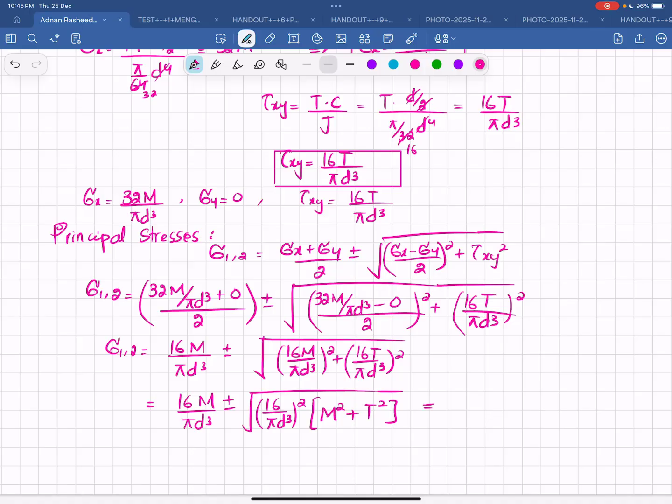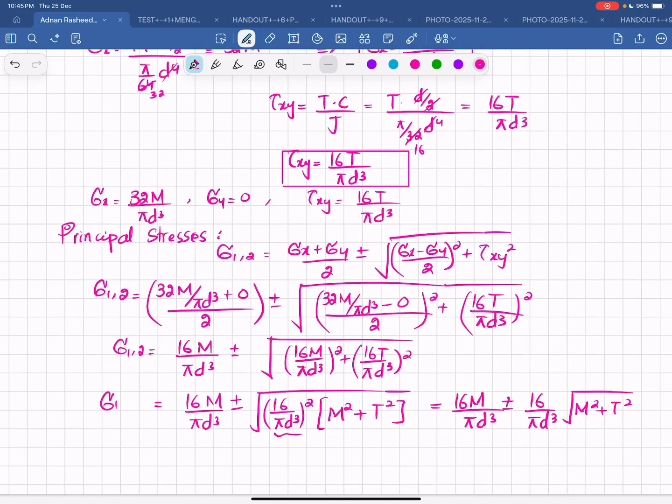So making this term out of the square, it will be 16M over pi d cube plus minus 16 over pi d cube, because the square will cancel with the square root, and we are left with the square root of M squared plus T squared.